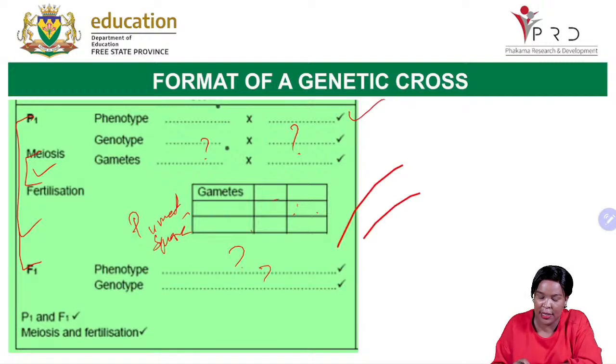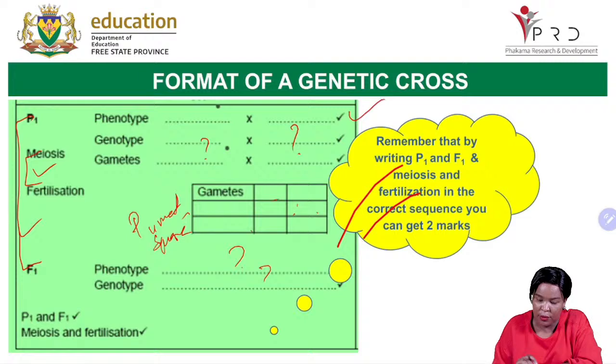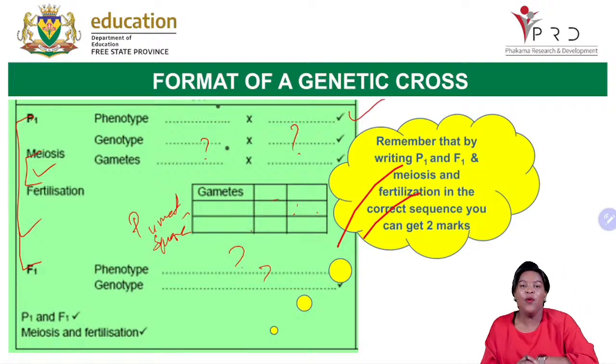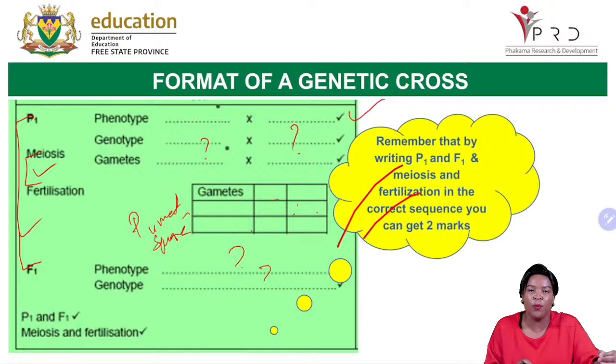Right, so we want to go next. When you are doing a genetic cross, there are different types of inheritance, and you need to pay attention to the question to see which type of inheritance they are talking about.